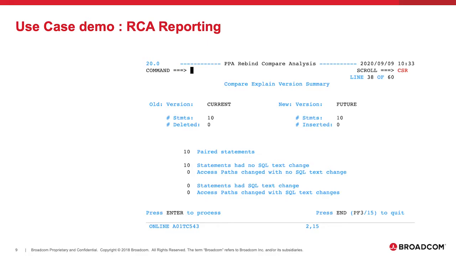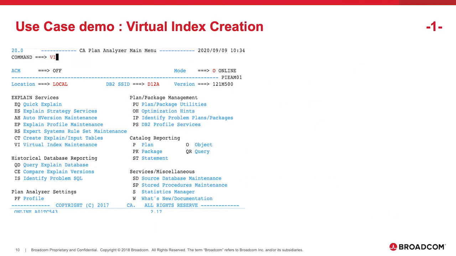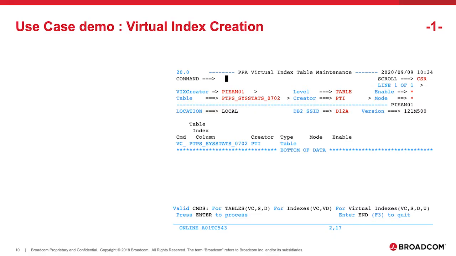Now we come back to the Plan Analyzer main menu and we can select the Virtual Index option, Virtual Index Maintenance. We access the DB2 catalog through the Plan Analyzer menu. I can select, for instance, one table, creator and table name. Next to the table name, I will put VC, the command to create the virtual index, and I access the key select parameter through the second menu.